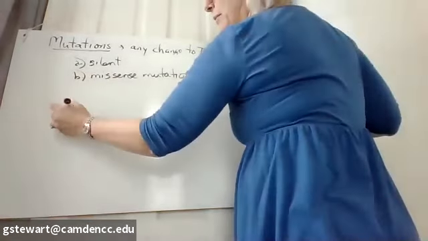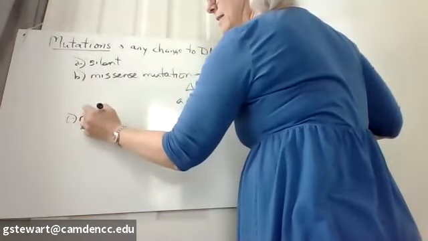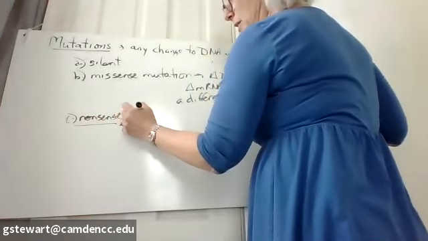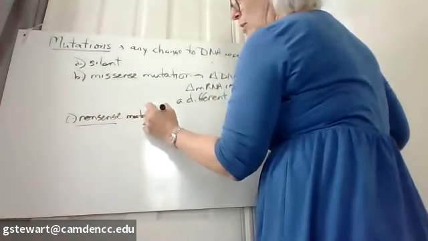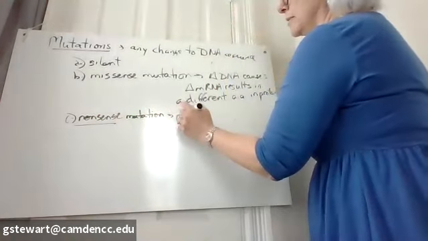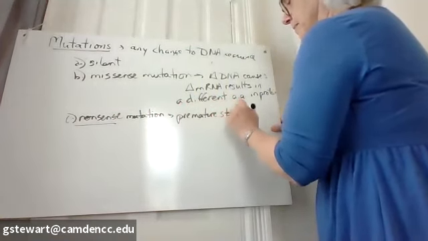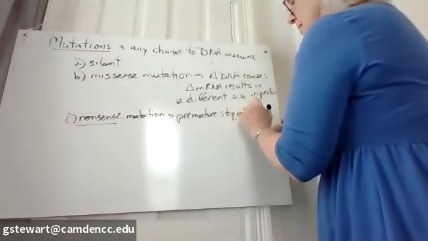The third category we call nonsense, because a nonsense mutation causes a premature stop codon in the message.